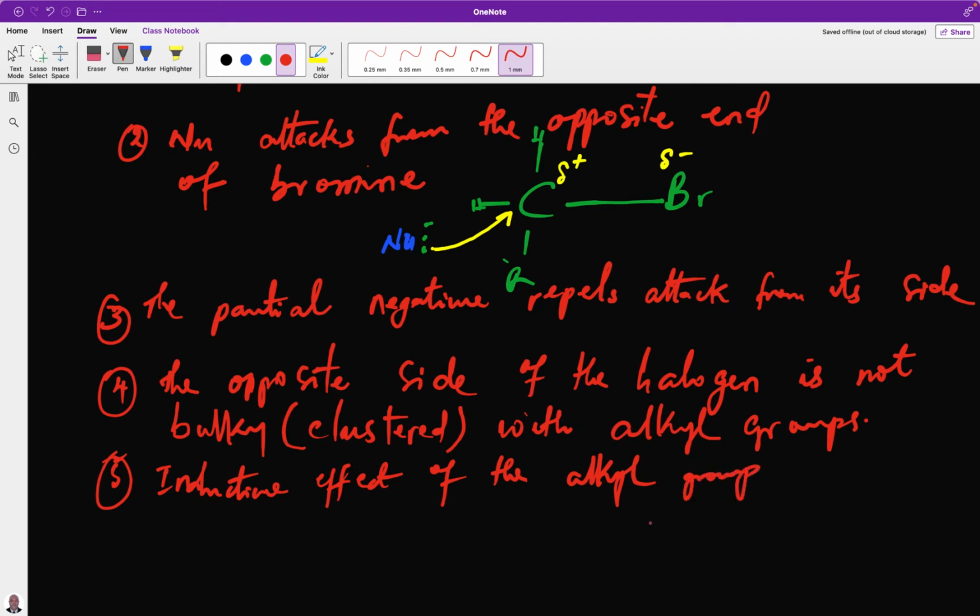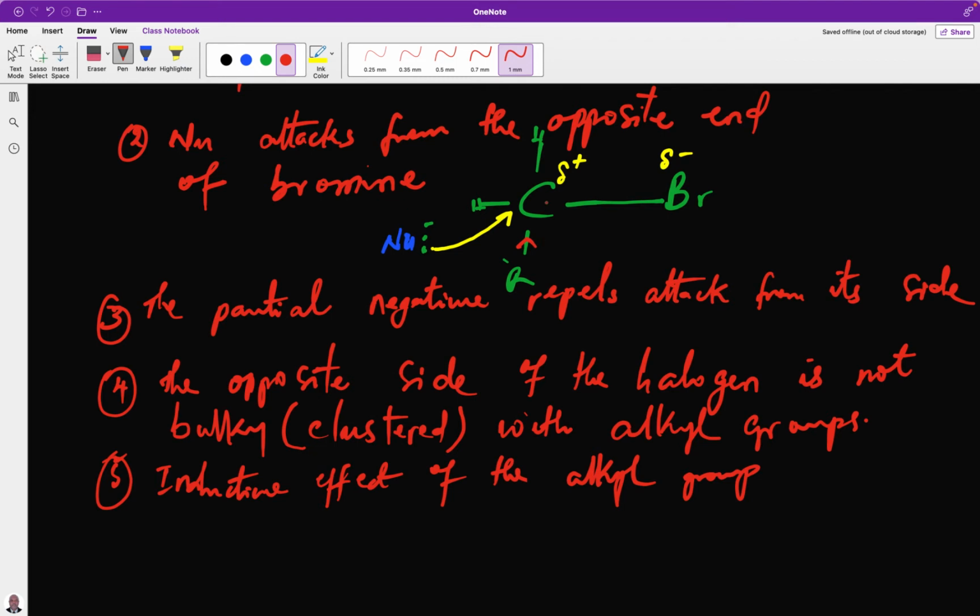The inductive effect of the alkyl group on the carbon atom having the halogen makes the molecule relatively unstable. Why do I say it is unstable? On the carbon having the bromine, there is only one alkyl group there, and that one alkyl group has only little inductive effect on the positive carbon.